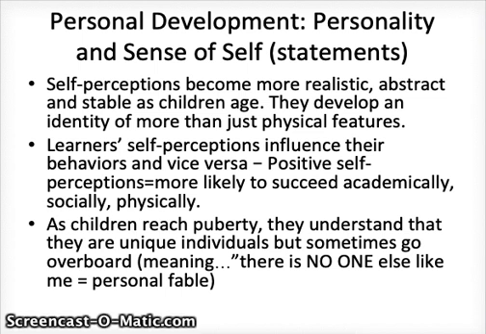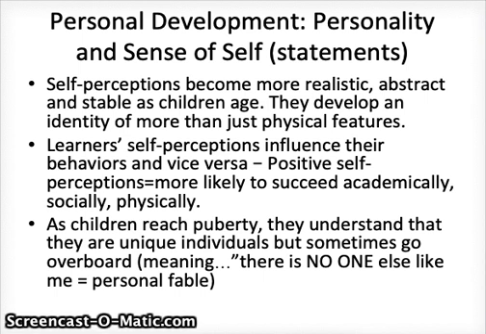Okay, more statements or general ideas about personal development. And that is that as children grow older, they also kind of develop these more realistic perceptions of themselves, and they become more stable as they get older. They don't kind of change from one day to the next as to how they feel about themselves or how they perceive themselves.